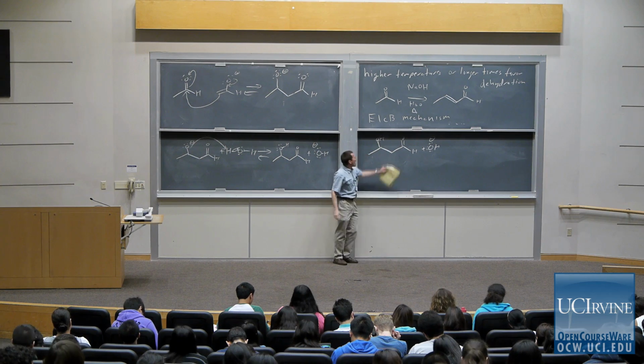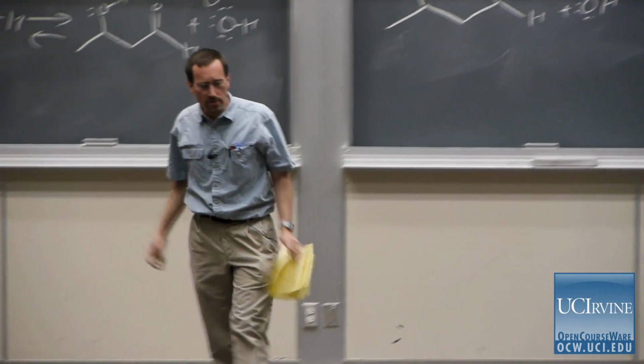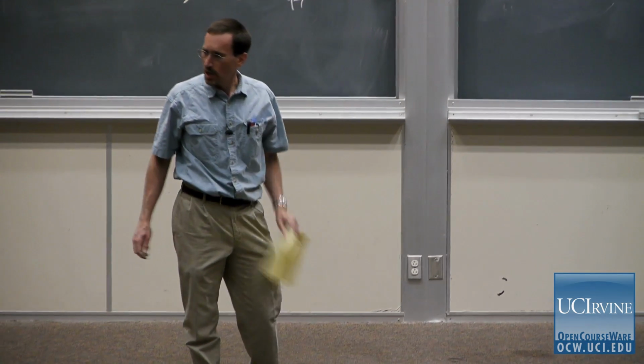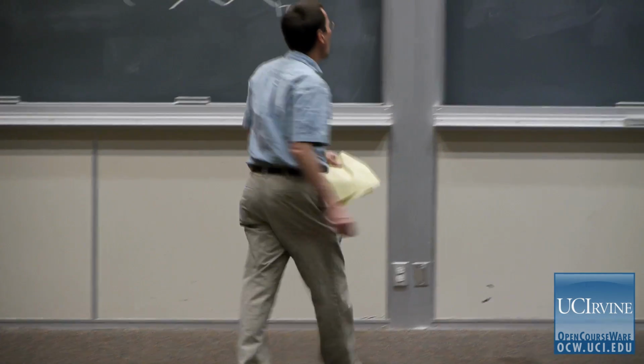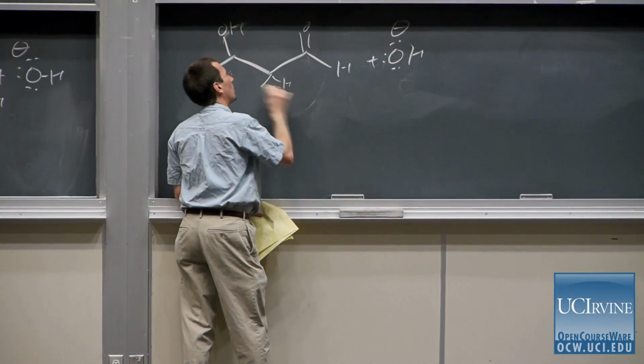So here's our hydroxide, here's our beta hydroxy carbonyl compound. And so under these reaction conditions, you can again pull off an alpha proton to get an enolate.